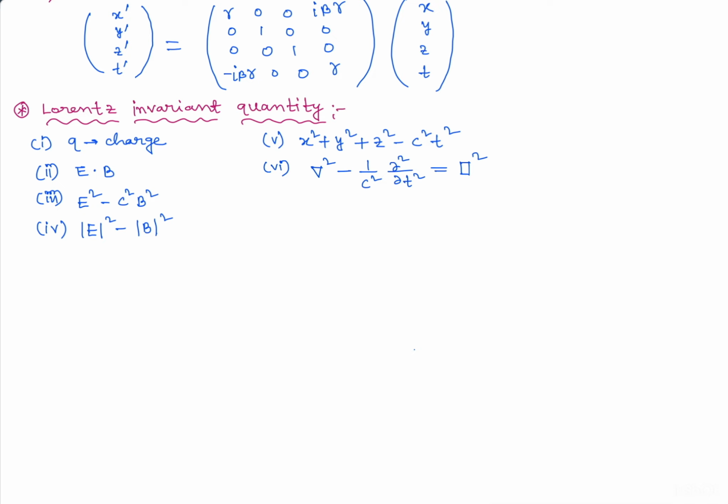It's also invariant under Lorentz transformation. Next, number 7, E square minus p square c square. Number 8, four-momentum dot four-velocity, also invariant under the Lorentz transformation. So these 8 quantities will be invariant under the Lorentz transformation.